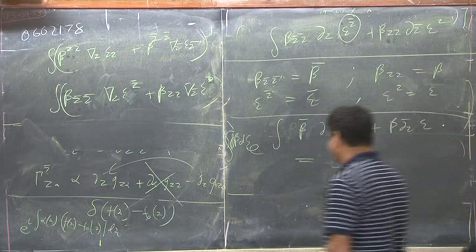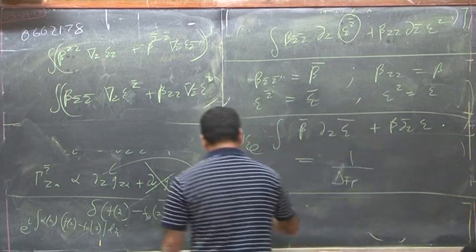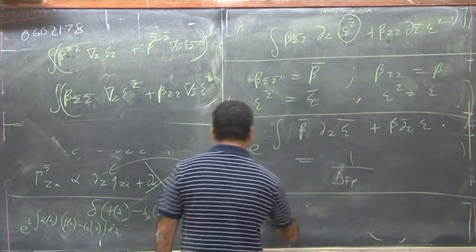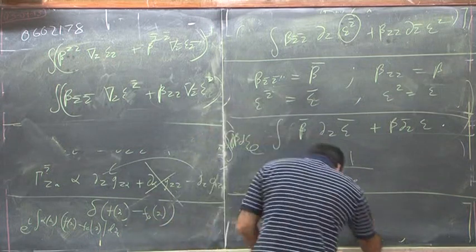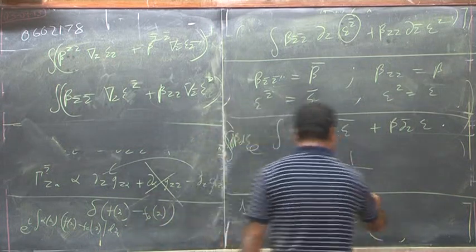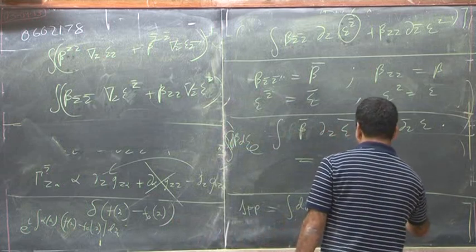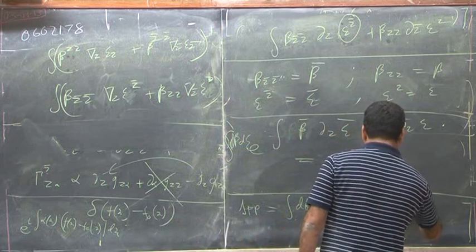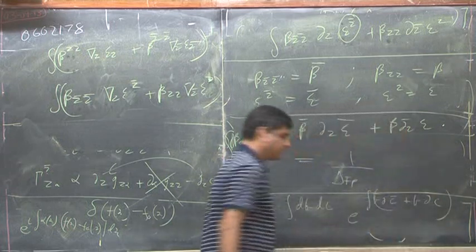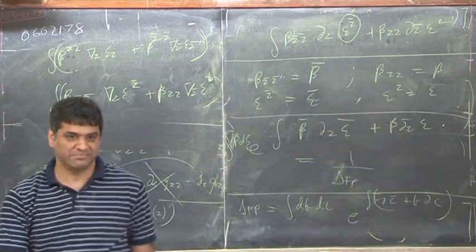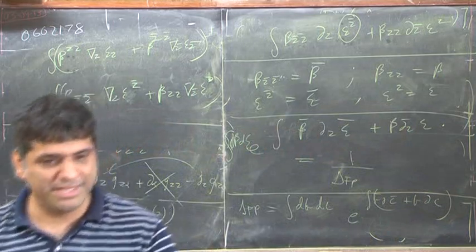So this equation is the same as the equation delta f is equal to the integral db dc e to the power of b bar del c bar plus b del bar c.